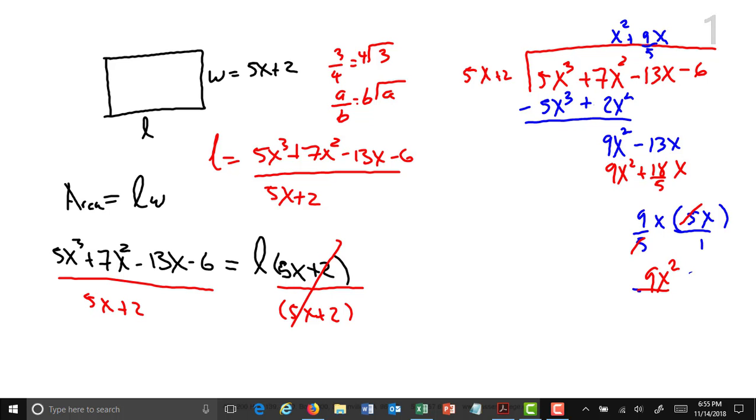That's not pretty. I'm just multiplying 2 times the 9. There's the 18. That's kind of ugly, but we're still trying to figure out what the length is.